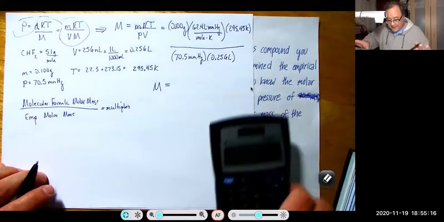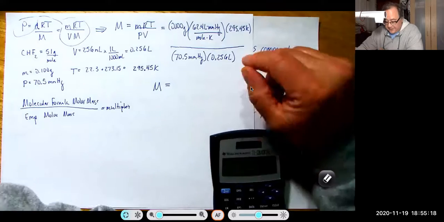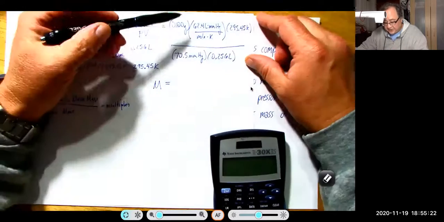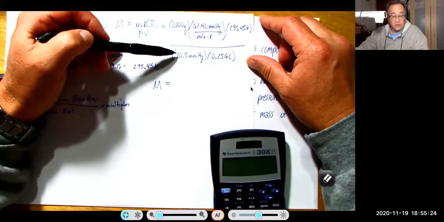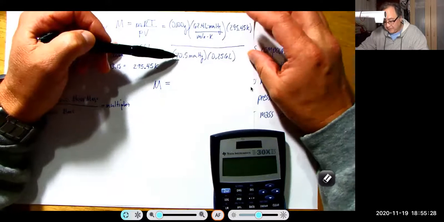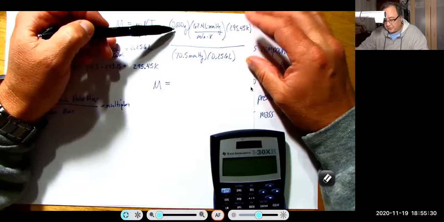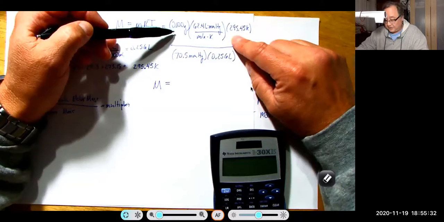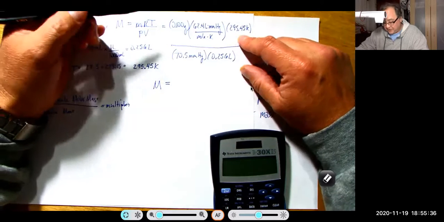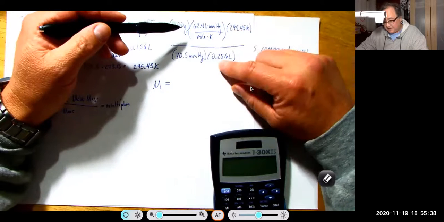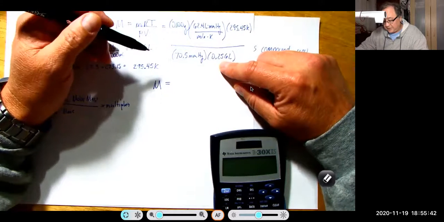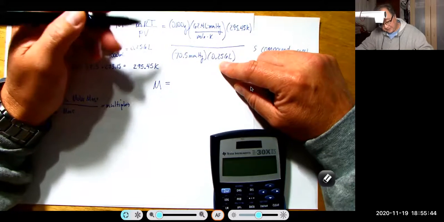So estimating again, let's see, how can we do this? Well, we could say that 62 over 70 is pretty close to 1, but a little less. That would be fine. And then we could say 0.1 times 295 is 29.5. And so 29.5 divided by 0.25 should end up being a pretty big number, right?